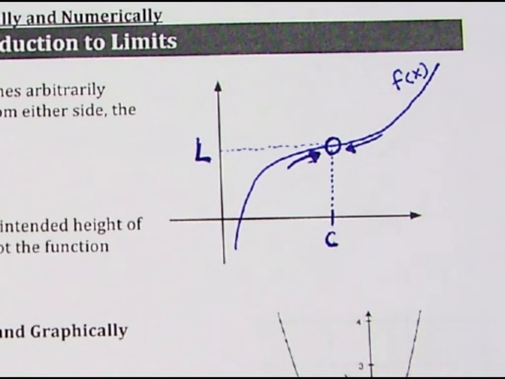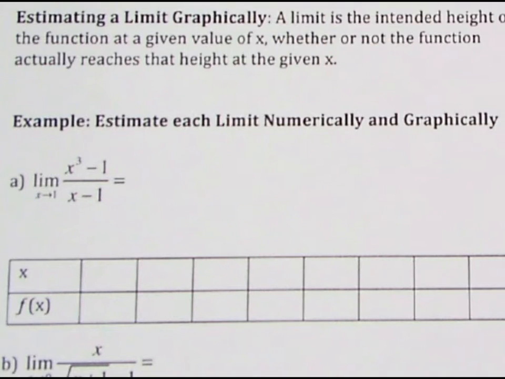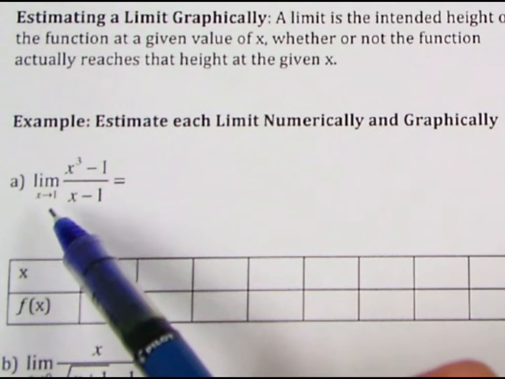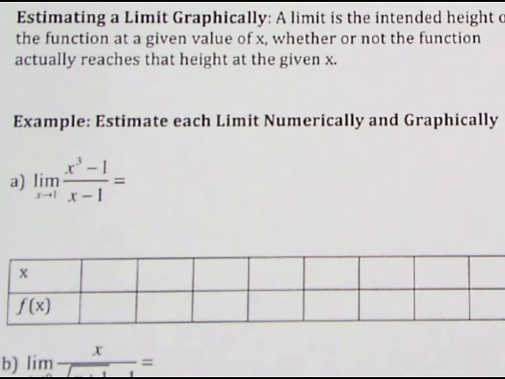All right, so let's try an example here. First example says estimate each limit numerically and graphically. Well, let's just do this graphically first. So here we have the limit as x approaches 1 of x cubed minus 1 over x minus 1.